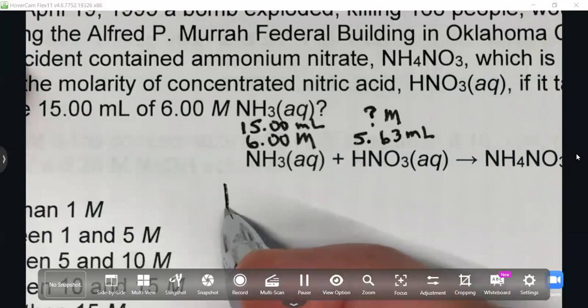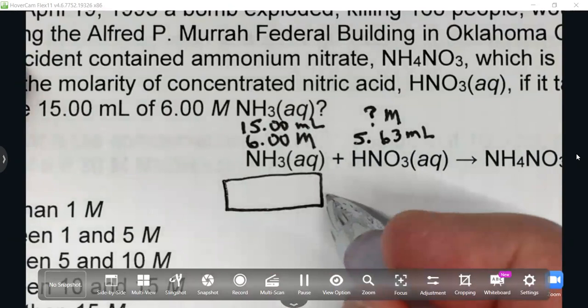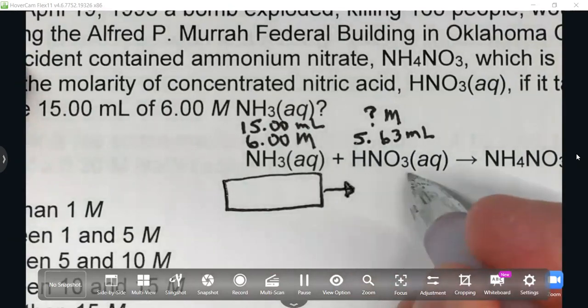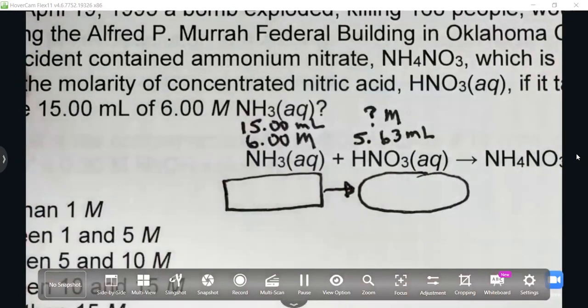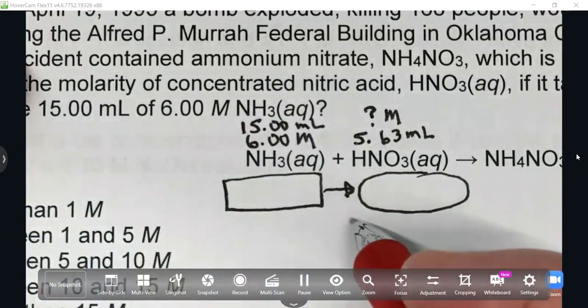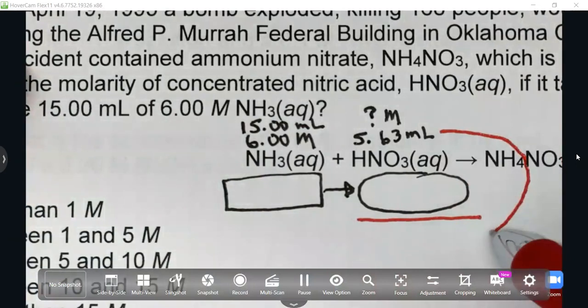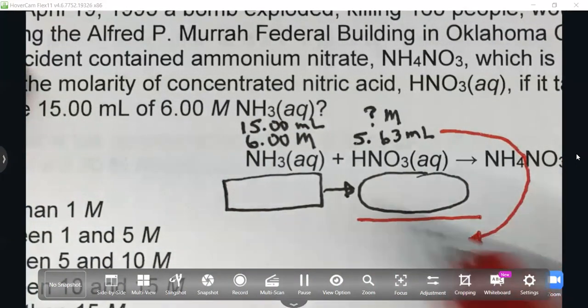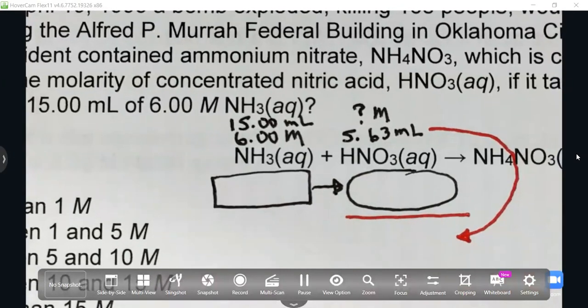So you should be able to go moles here. Moles here. And then if you want molarity, you're just going to want moles over liters, right? Moles over liters. So that should lay out 16.